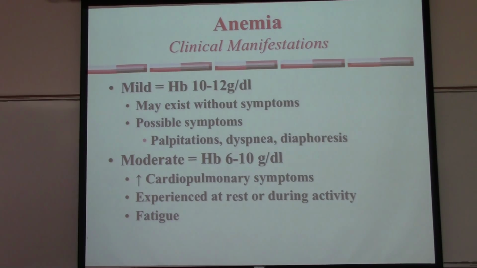Now, from 90% saturated to 100% saturated, the PaO2 goes from 60 to 100. That's a big range, right? A little change and a big range. That has to do with the way that hemoglobin hangs on. Then as you move down this curve, more oxygen is given off, or less. I'm not sure now which way it goes.